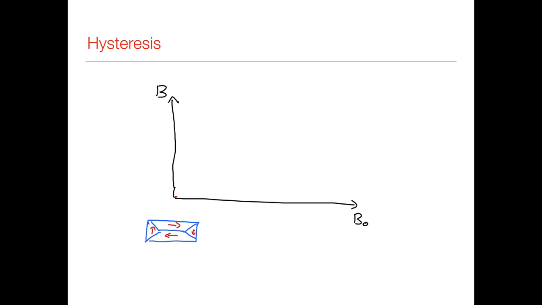Now I'm going to magnetize my sample. What happens? The internal field creeps up, and what's happened in the material is that the domain that was aligned with the applied field has grown. So in this case, let's say it's this one here. This domain is much bigger, and the other domains have got a lot smaller.